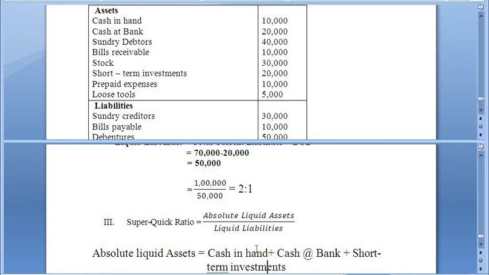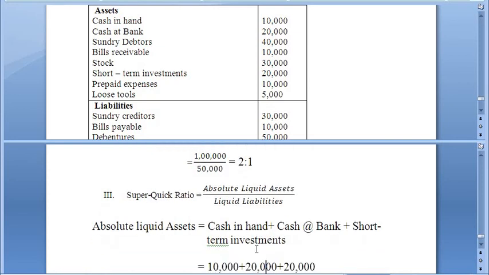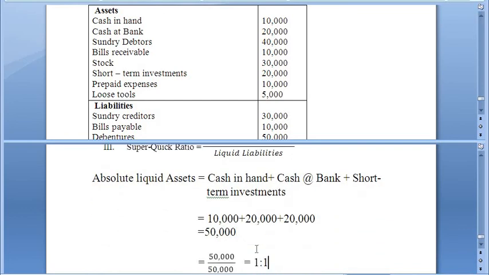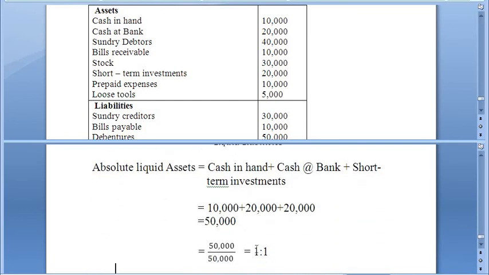The amount of absolute liquid assets is 50,000, whereas liquid liabilities is also 50,000, so the super quick ratio is equal to 1:1.